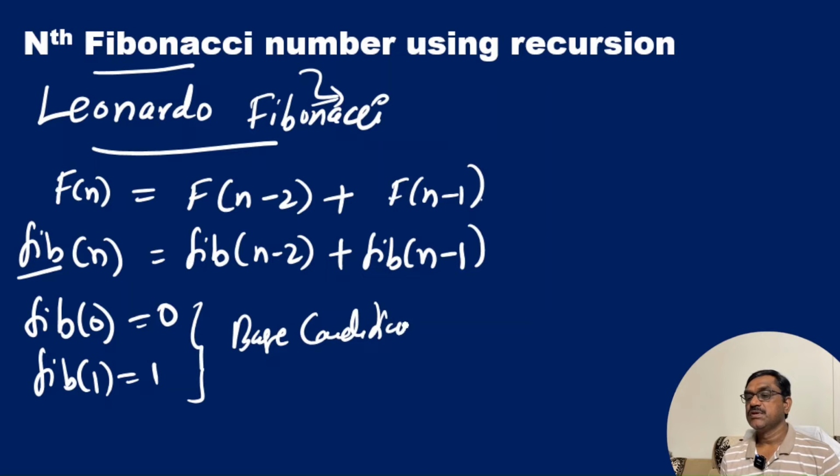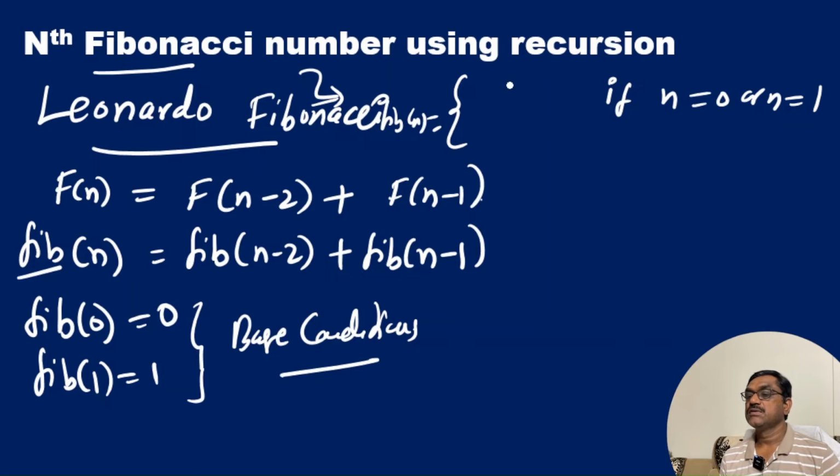Instead of writing base conditions, you can also say that if n value is 0 or n value is 1, then fib of n is n. If n value is greater than 1, then you have to say that it is fib of n minus 2 plus fib of n minus 1.